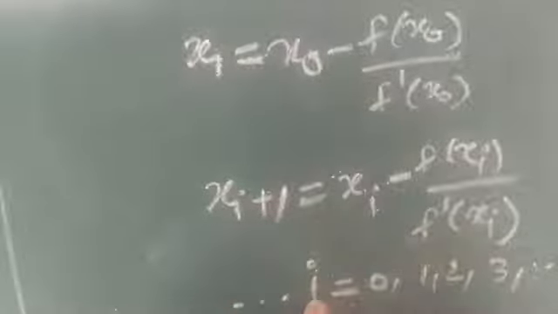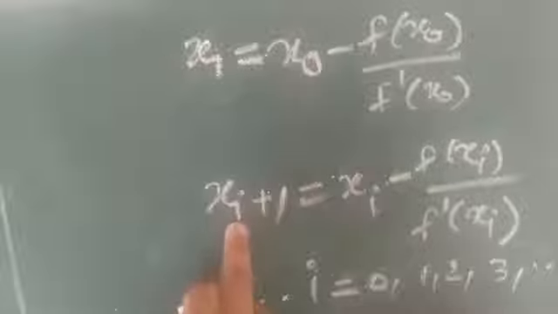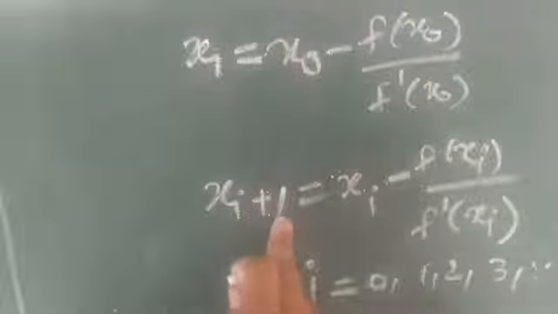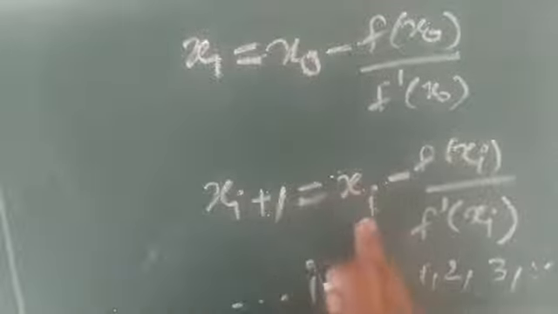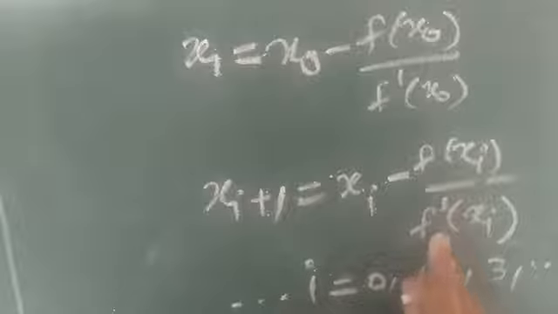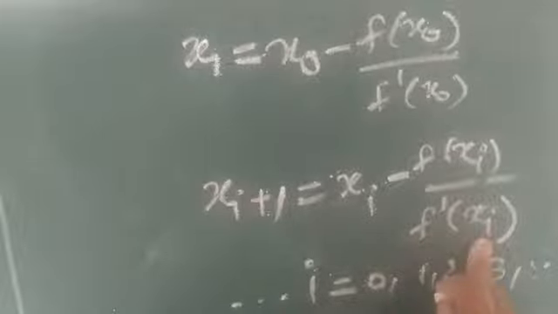If we put i = 0, then we get the x1 term: x(0+1), that means x1 = x0 - f(x0) / f'(x0).